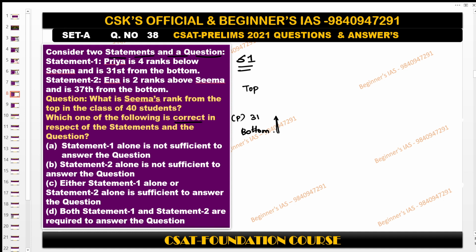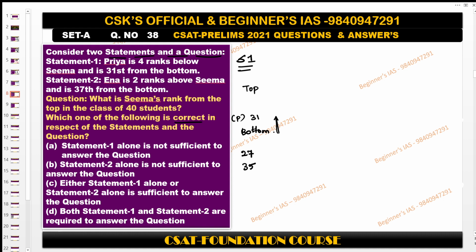Priya is 4 ranks below Shima. Then what would be Shima's rank? Vamsi is saying 27, and Divyanshi is saying 35.